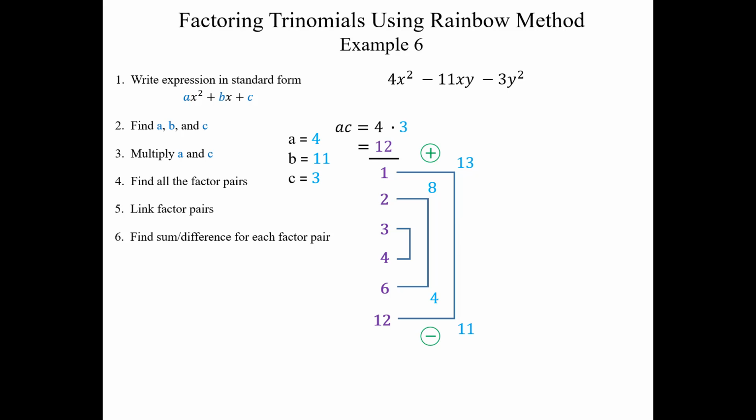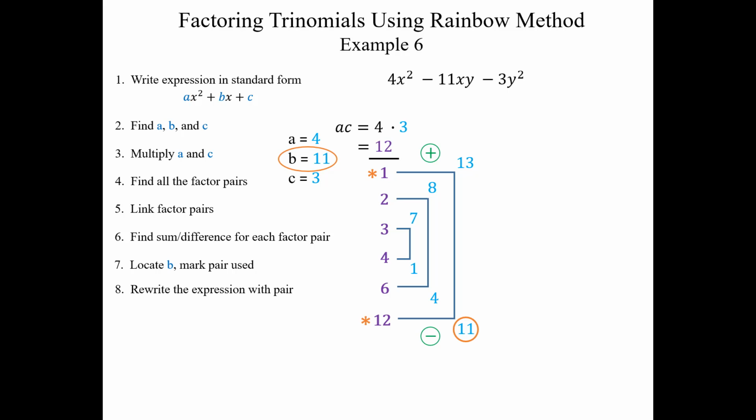For 3 and 4, the sum is 7, and the difference is 1. Now we need to locate b and mark the pair that uses that. So b is 11, and down in this lower corner we have an 11, and we use the 1 and the 12 to form the 11.